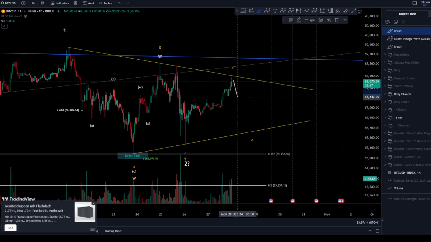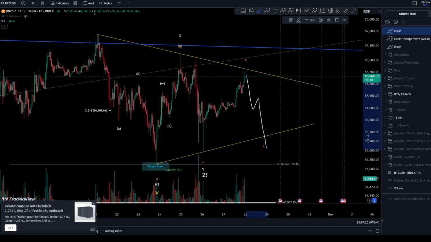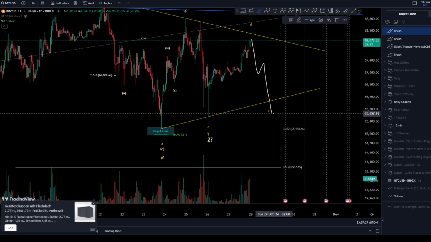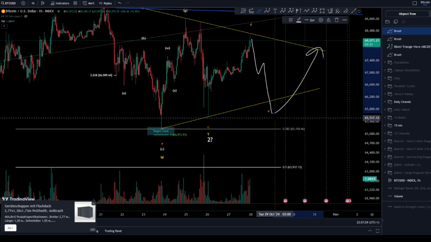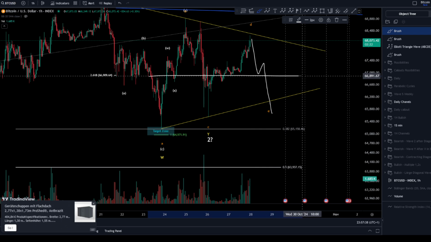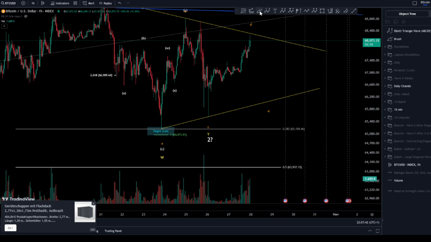Sometimes it can overshoot, giving you the idea that it wants to take the low, for example, and then suddenly reverse. So the wave E is very, very tricky. It can end below the trend line, and it can even end at the middle of the triangle and start the reversal towards the upside. Therefore, be careful with it.